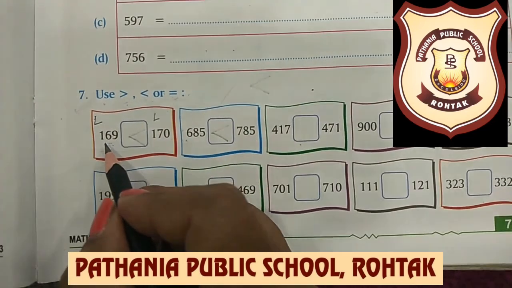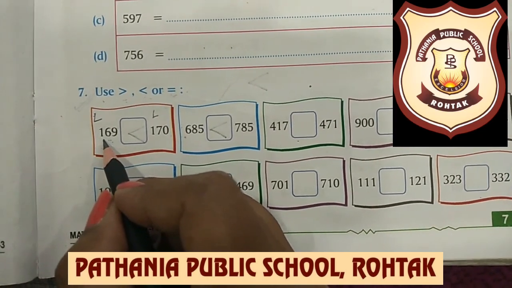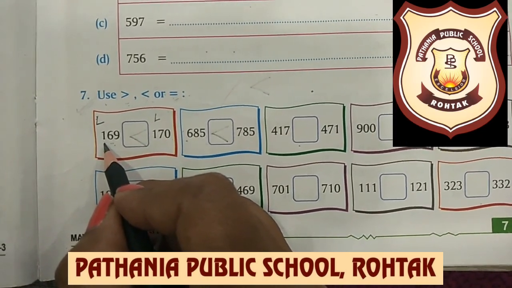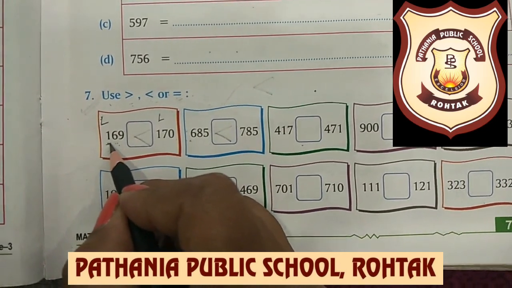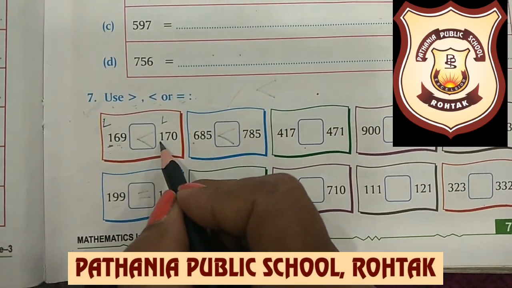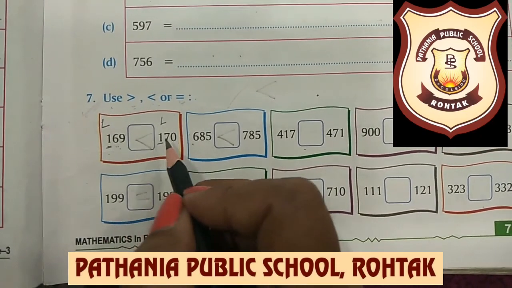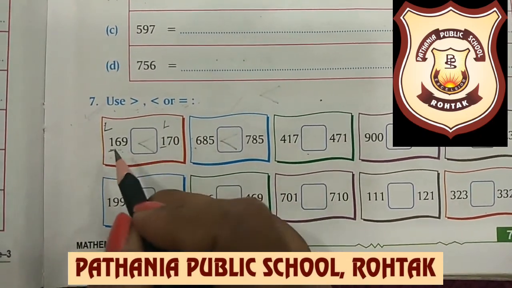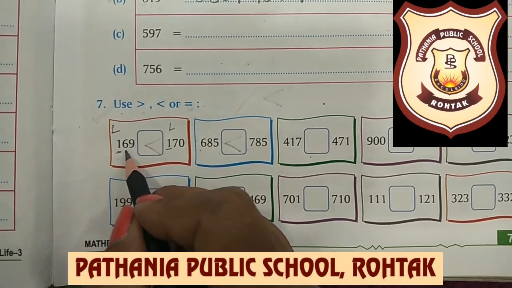So first of all, we will compare the first number on the left side, which is 1. Now here in 169 it is 1, and in 170 also it is 1. When the first number from the left-hand side in both numbers is the same, then we need to move to the second number.